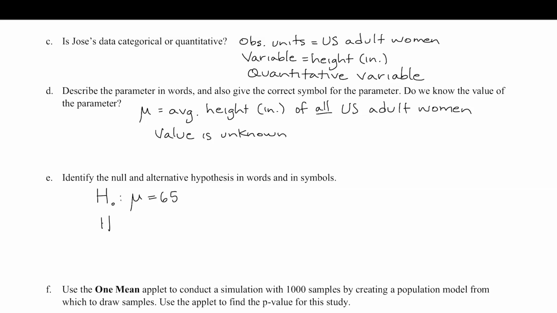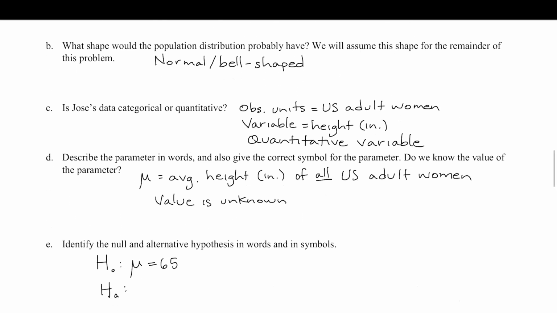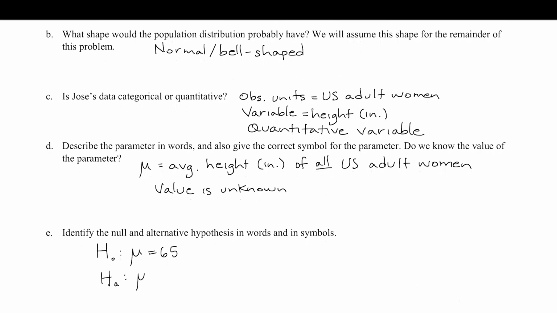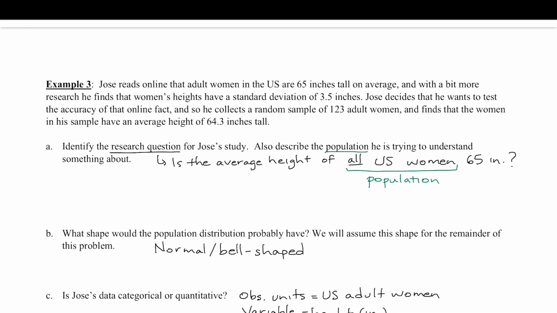If that's the truth, then what are the chances of seeing a sample like the one Jose got? Now, we know that our alternative hypothesis is going to have a mu and it's going to have a 65. And now we have to figure out what symbol goes in between those two. Is it less than, is it greater than, or is it not equal to?